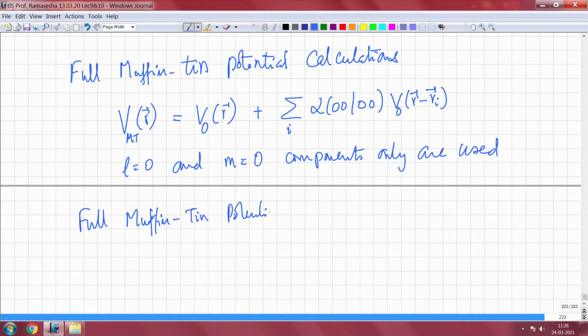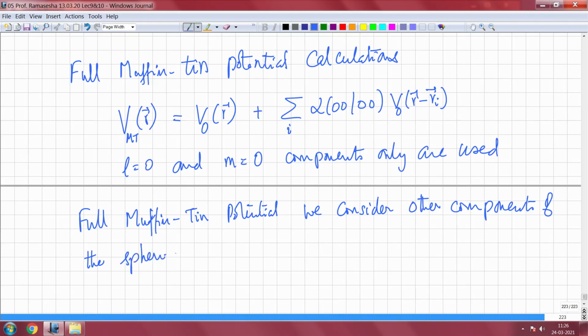What is done in the full potential calculation is that we consider other components of the spherical harmonics making a contribution.